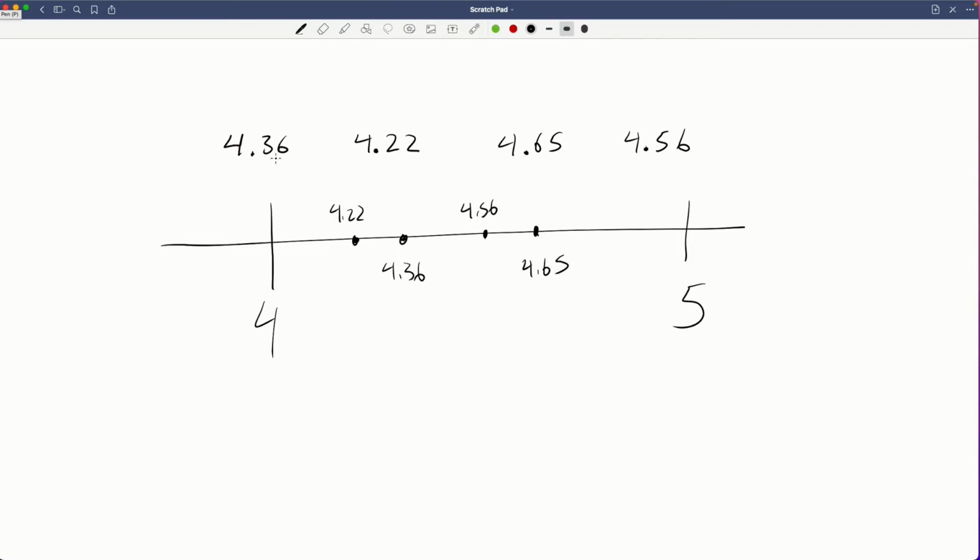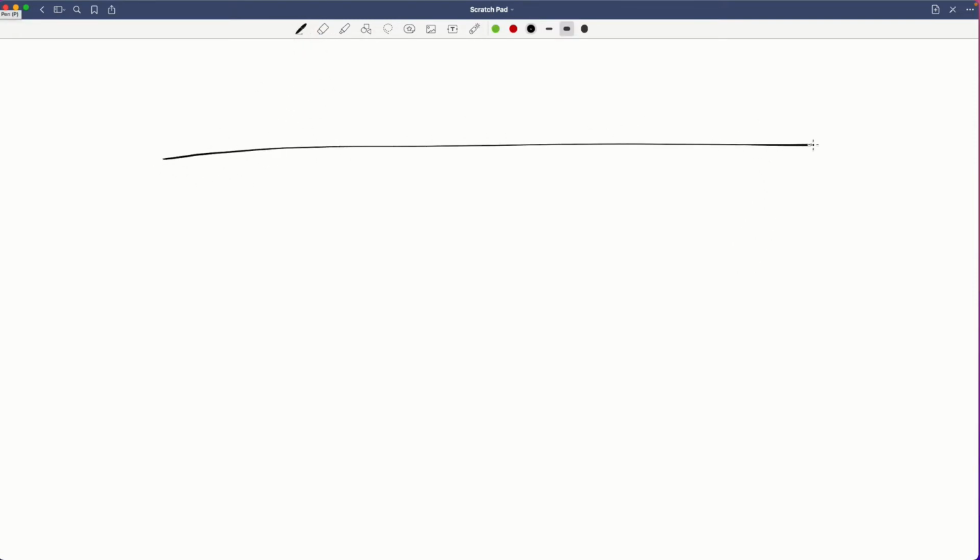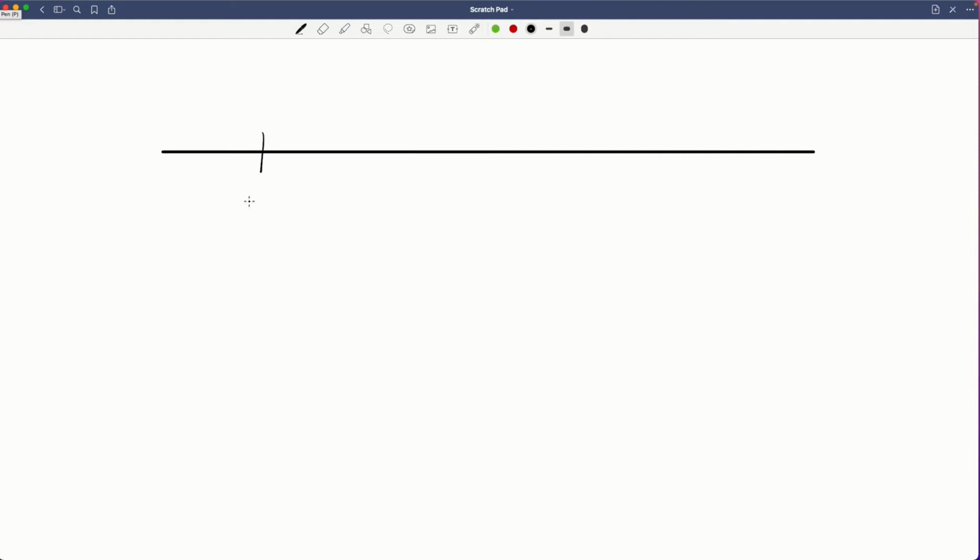But what if you have all of these numbers the same? So for instance, let me give you a number line here. All right, this is the number 4.5. Actually, on the number line we have integers, and this is 5.